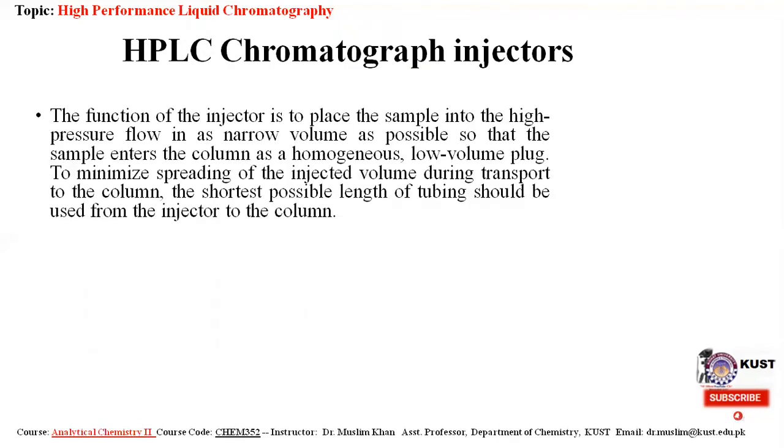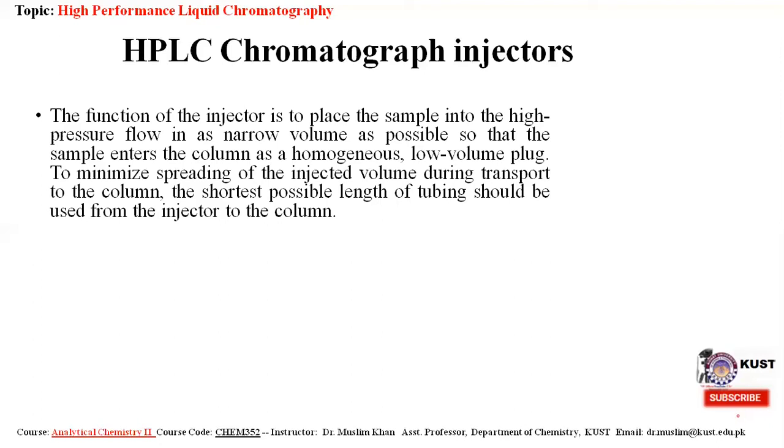First of all, the HPLC chromatograph injectors. The function of the injector is to place the sample into the high pressure flow in as narrow a volume as possible, so that the sample enters the column as a homogeneous low volume plug to minimize spreading of the injected volume during transport to the column.